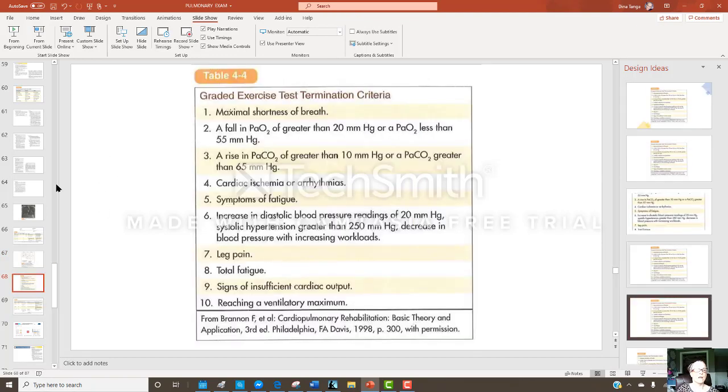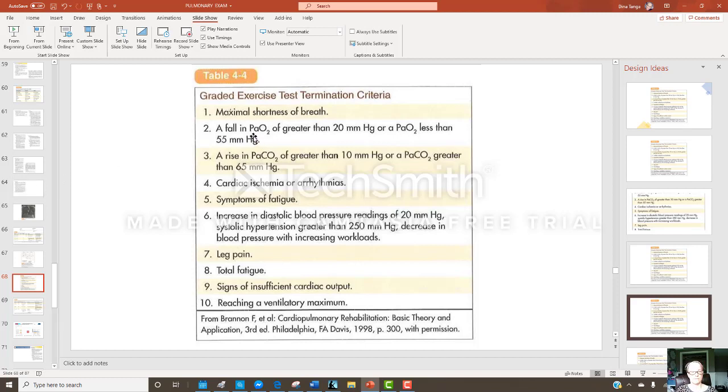Okay. Graded exercise test termination criteria. Maximal shortness of breath, a fall in PaO2 of greater than 20 or PaO2 less than 55. A rise in PaCO2 of greater than 10 or PaCO2 greater than 65.